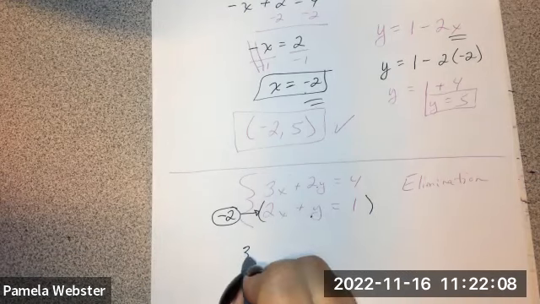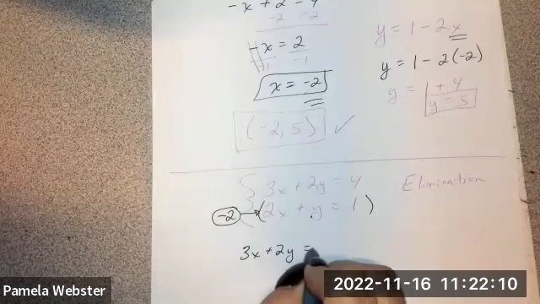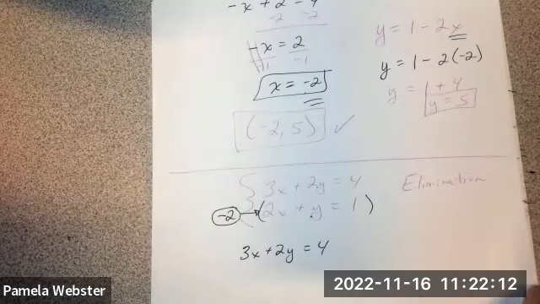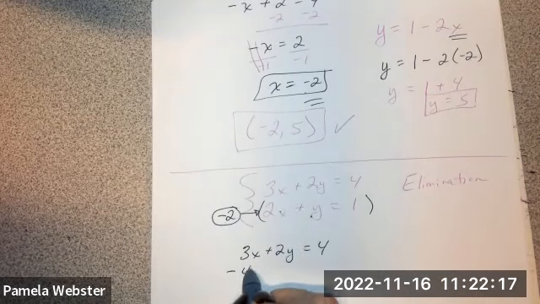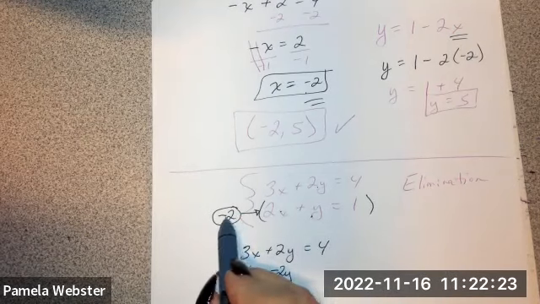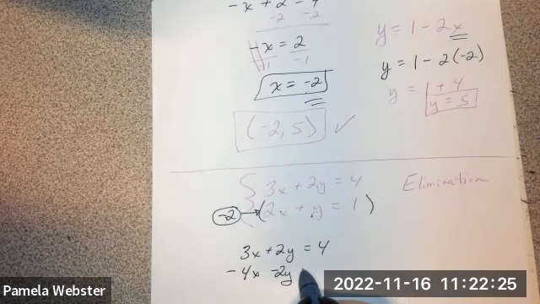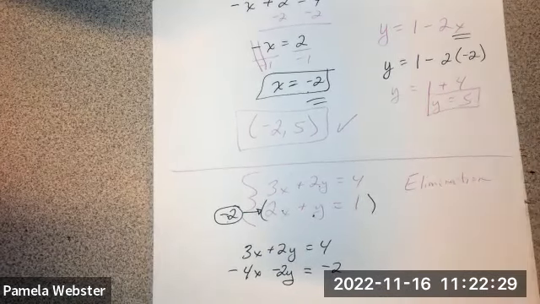So what I'm going to have is 3x plus 2y equals 4 for the first one. And for the second one, I'm going to have negative 2 times 2x is negative 4x. Negative 2 times the y is minus 2y. And negative 2 times the 1 is equals negative 2. All right.